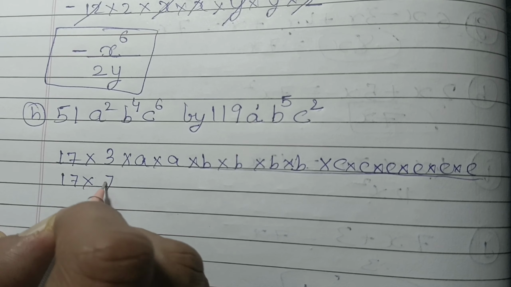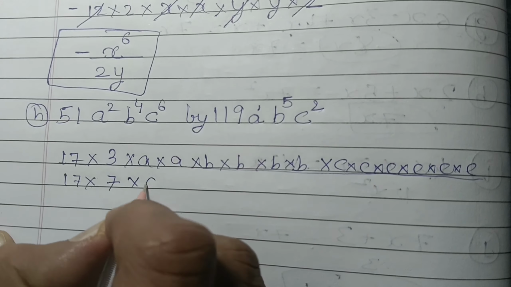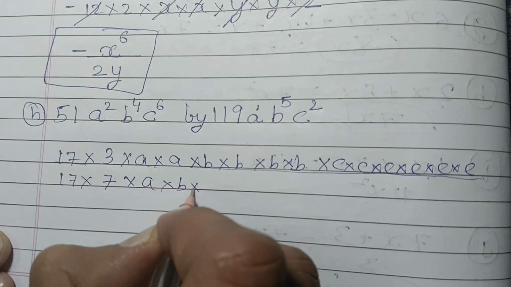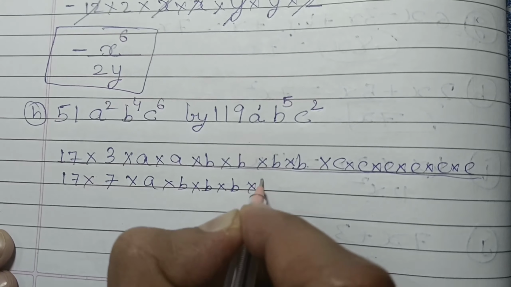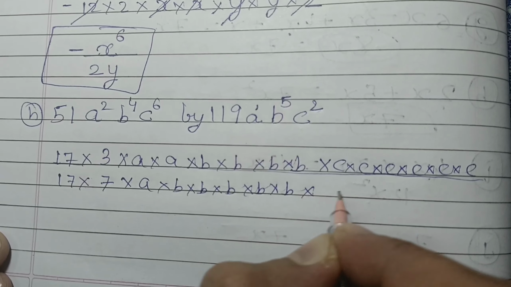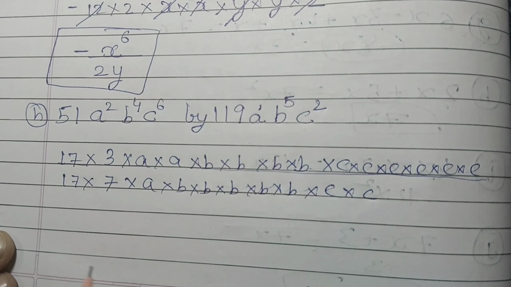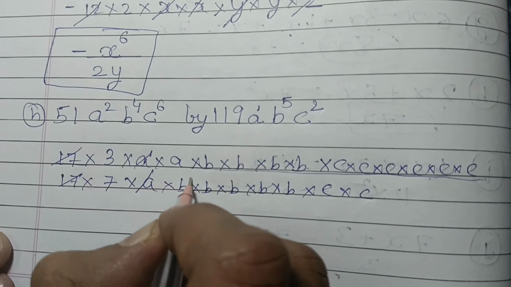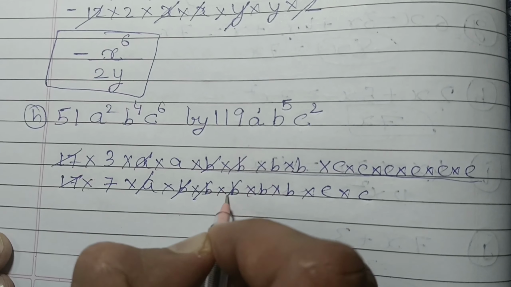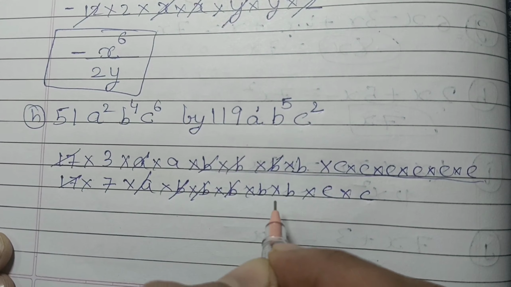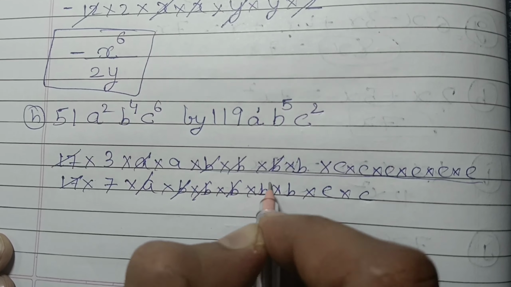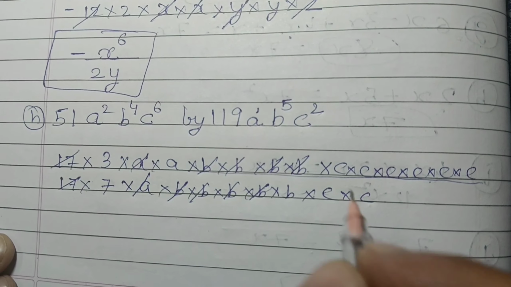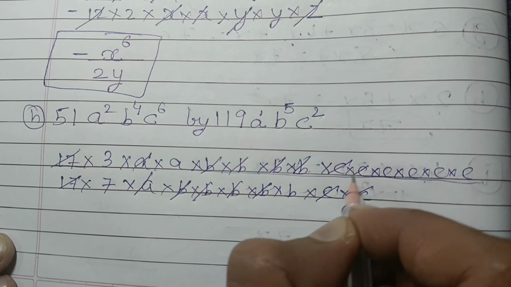17 sevens are 119. a b will be written 5 times, c 2 times. We can cut 17 by 17. a will be cut, b will be cut 4 times, and c will be cut 2 times.